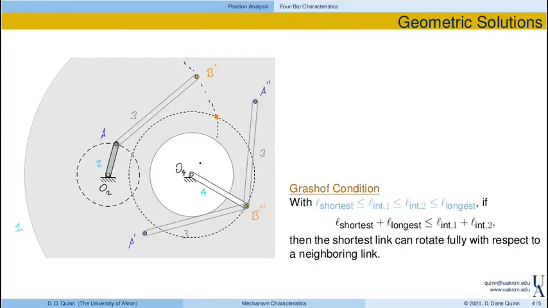So finally, the only way that I can connect this yellow dot and that yellow dot and that blue dot and that blue dot is to have link 4 here and link 3 connecting them.